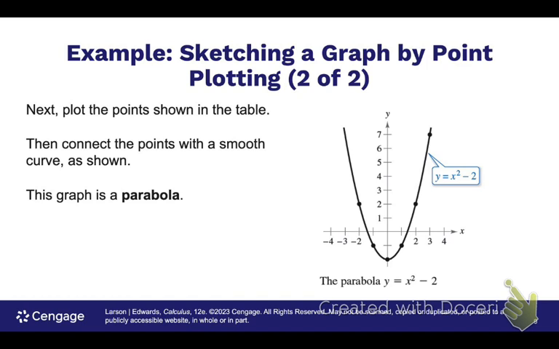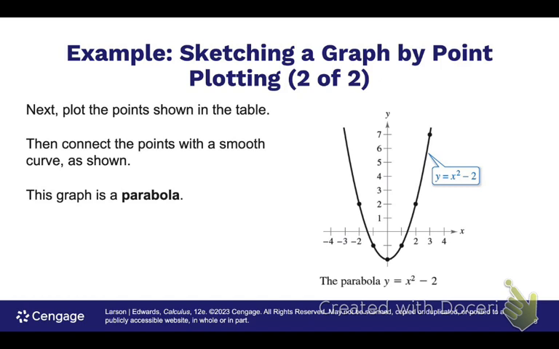Our graph is here. Our vertex, if we look at this, we have x squared minus 2. Should we know this minus 2 is a k? It brought it down 2? Yes. And we know that x squared normally starts at 0 and goes up 1 over 1, up 1.